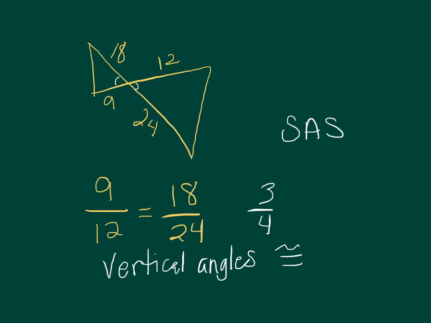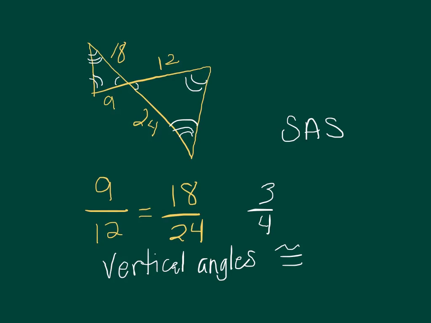The sides are in proportion, the included angle is equal. And then how could we use that information? Well, we could say that these angles now are equal to these angles.